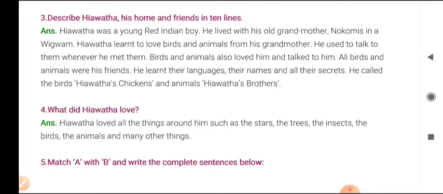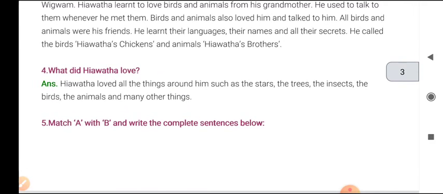He used to talk to them whenever he met them. Birds and animals also loved him and talked to him. All birds and animals were his friends. He learned their languages, their names, and all their secrets. He called the birds Hiawatha's chickens and animals Hiawatha's brothers.